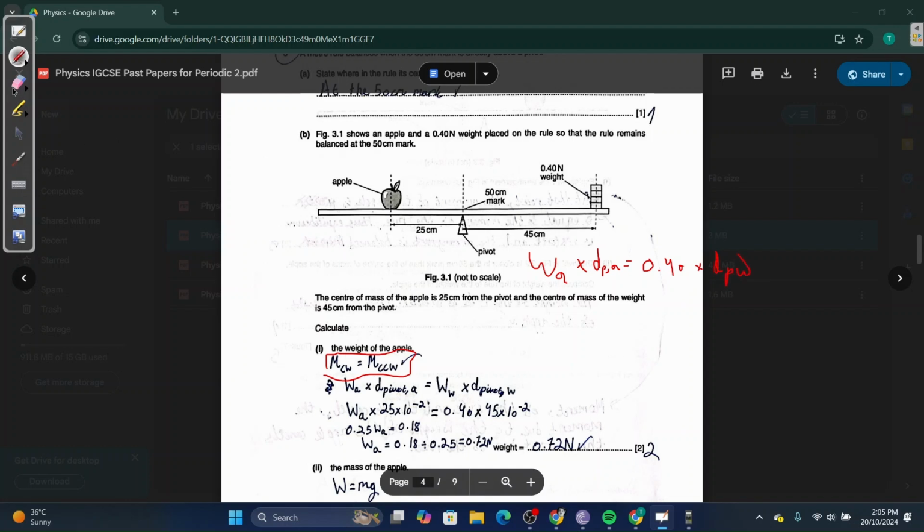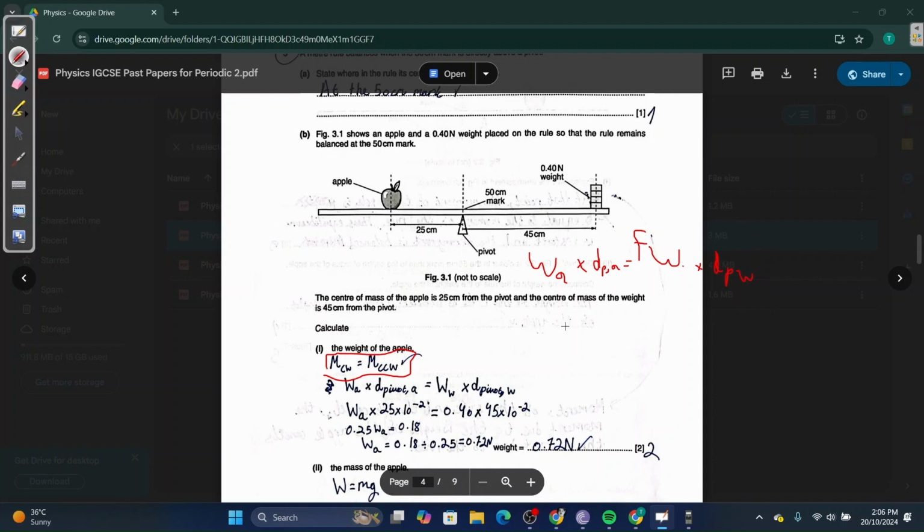Actually, let's write it in pure formula. We'll substitute in the numbers after. I didn't give a mark for this, but it's better to show your working. So times the W, or say F_W, the force of W, times the distance between the pivot and the weight. So okay, let me just fix that W.